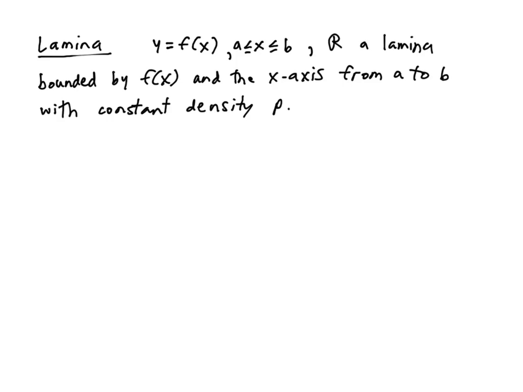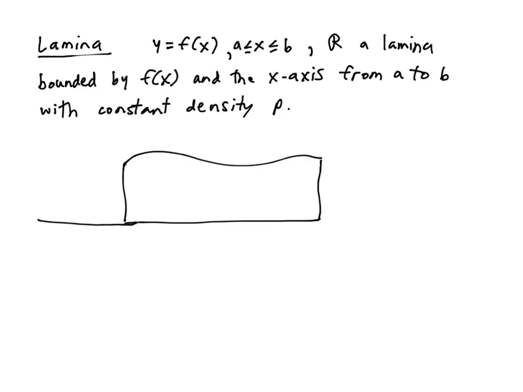So, here's our function. And let's just say that our y-axis is over here. So this is our x-axis and this is our y-axis, and we're going from a to b. And this is our function y equals f of x.